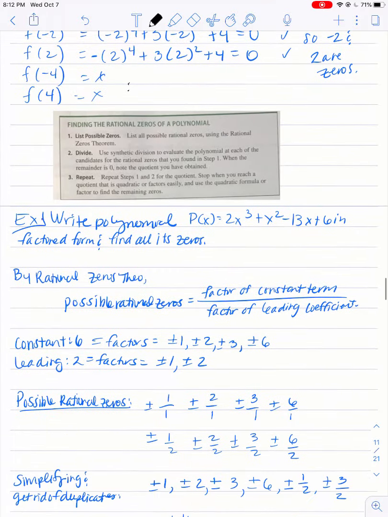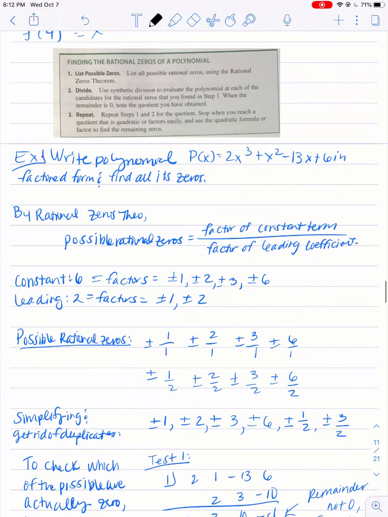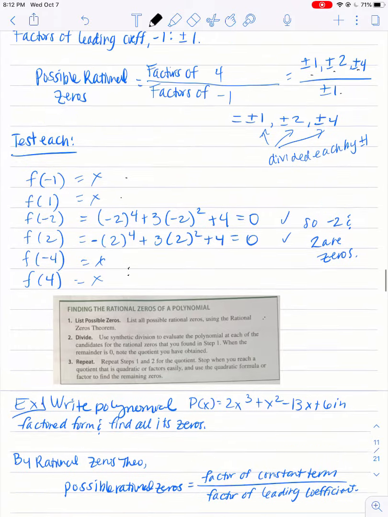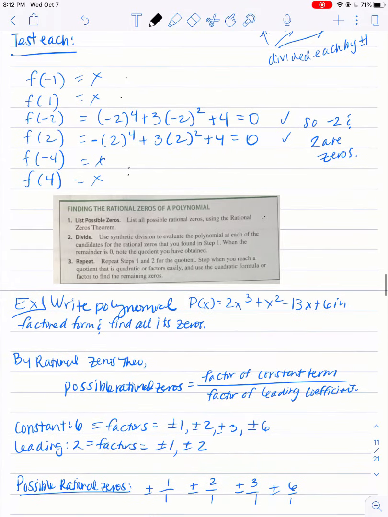Here are the steps of how to find the rational zeros of a polynomial, which is what we just did. First, list all the possible rational zeros using the rational zeros theorem. Then use synthetic division to evaluate the polynomial at each candidate from step 1, instead of just testing each value.